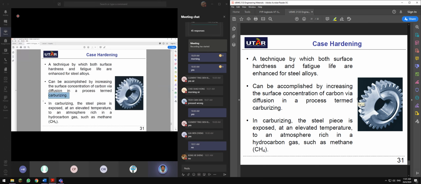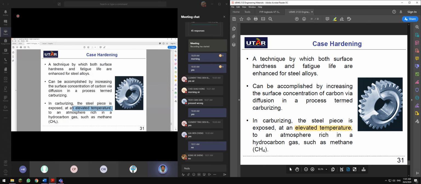In carburizing, the steel piece is exposed to an elevated temperature in an atmosphere rich in hydrocarbon gas such as methane. The keyword here, guys, is elevated temperature. So why do they increase the temperature?